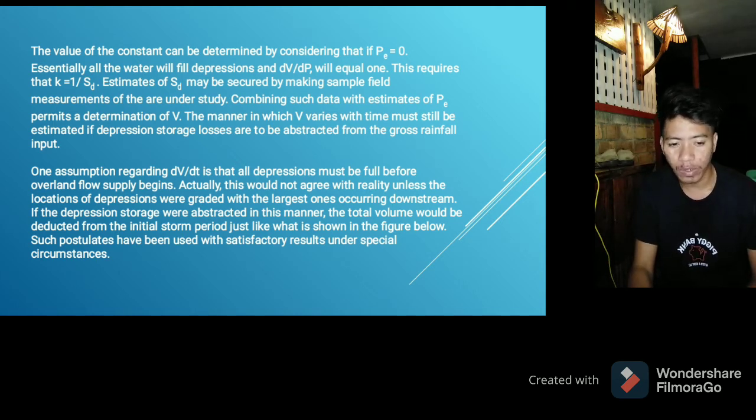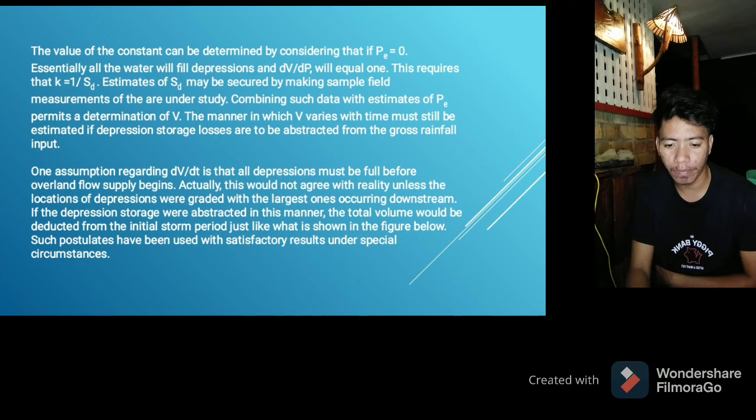Actually, this would not agree with reality unless the location of depressions were graded with the largest one occurring downstream. If the depression storage were abstracted in this manner, the total volume will be deducted from the initial storm period, just like what is shown in the figure below. Such postulates have been used with satisfactory results under special circumstances.